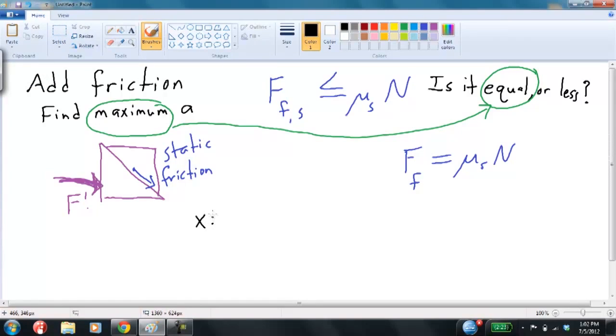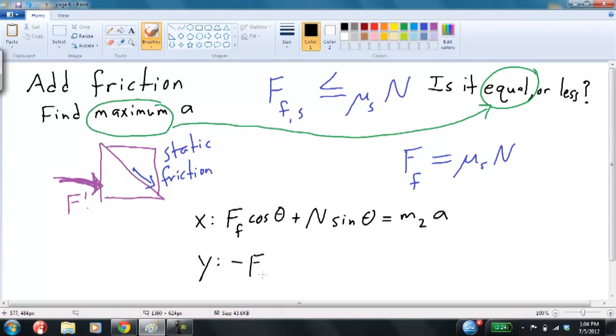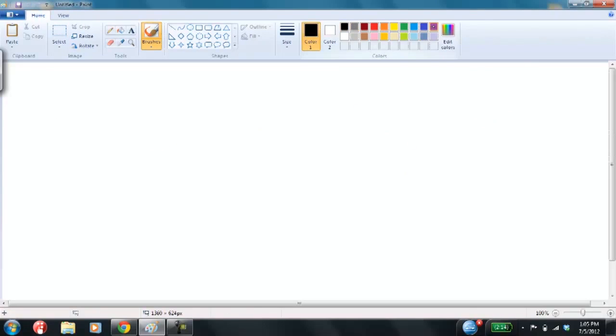There's going to be a component in the x direction, which is F cosine theta, and a component in the y direction, which is minus F sine theta. So solving these equations is going to be less straightforward than it was before. But, okay. Now, I think there's one more query relevant to this question.